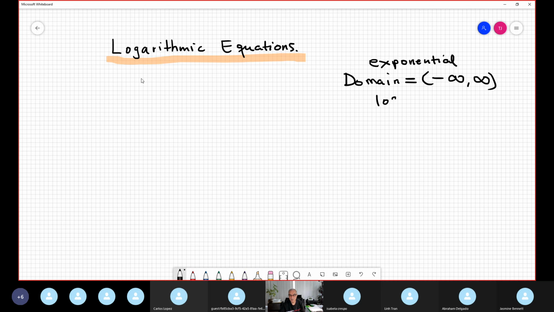However, in the logarithmic function, no. The domain of the logarithmic function is 0 to infinity. So no negative values and no 0. That's not defined. So when you're solving a logarithmic equation, at one moment you get solutions, and it's mandatory to verify the solutions in the original equation, because any solution outside the domain is a completely extraneous solution, no good.